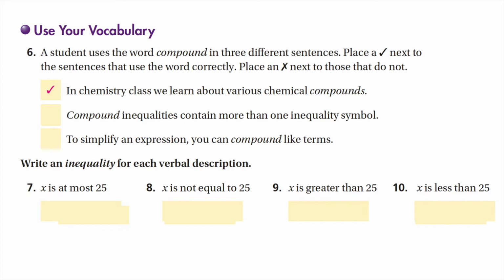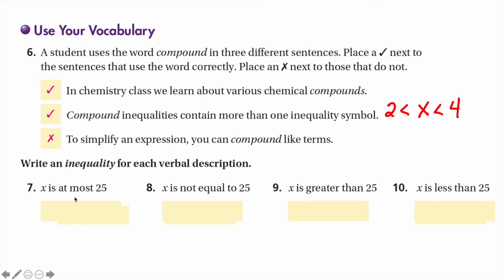I'm here to tell you that that is 100% true. That would be a question that looks kind of like 2 is less than x, which is less than 4. That is a compound inequality. And last but not least, to simplify an expression, you can compound like terms. That doesn't sound right. I think it's supposed to say combine like terms, so I'll put an X on this one.